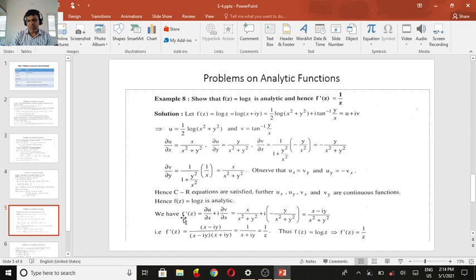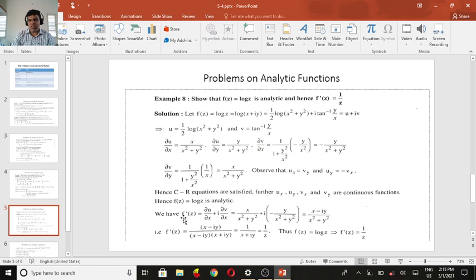Again, simplifying, x square plus y square as LCM, so x minus iy. Further, in the denominator we have x square plus y square. We express x square plus y square as x minus iy into x plus iy, because it is a product. So x minus iy divided by x minus iy into x plus iy.